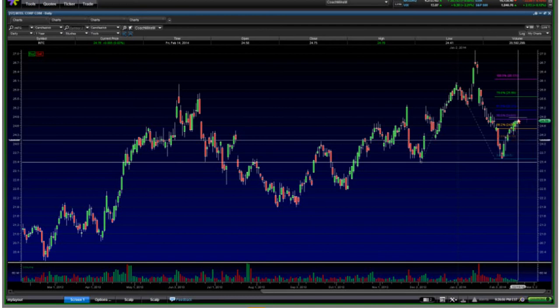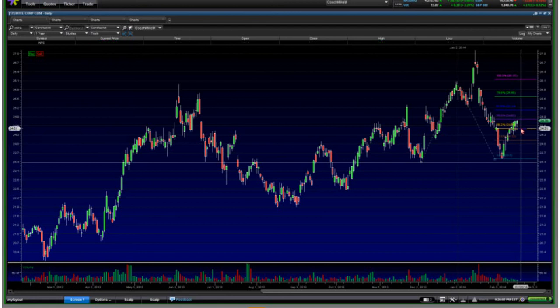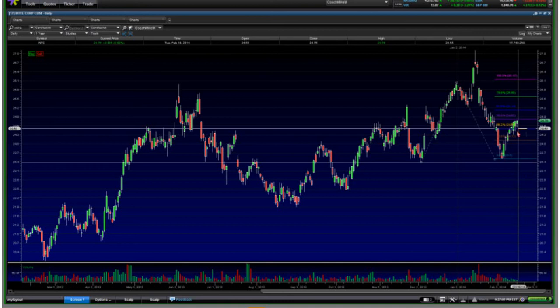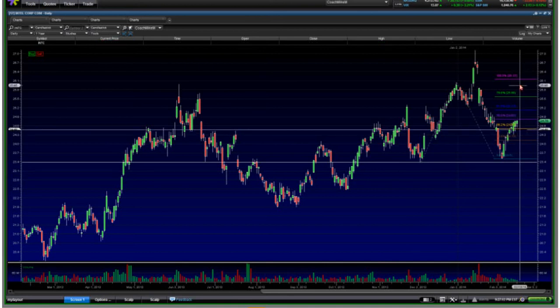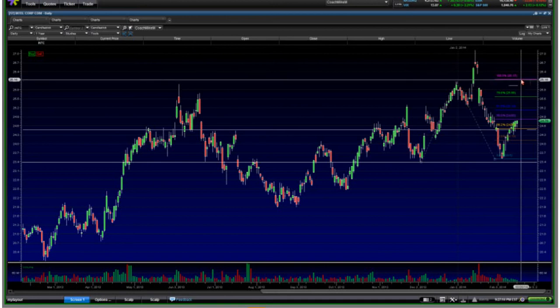Therefore, it's probably easy to assume that if it were to close below this line, and I stopped out, I would still do what? Profit. Would I profit as much stopping out as I would hitting my target?